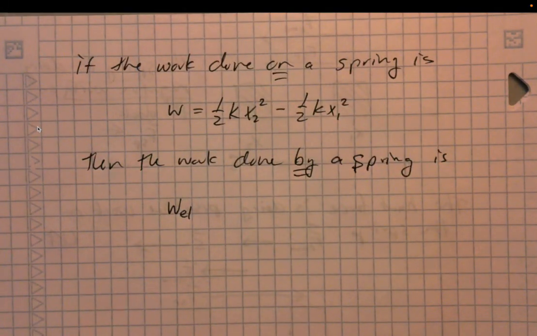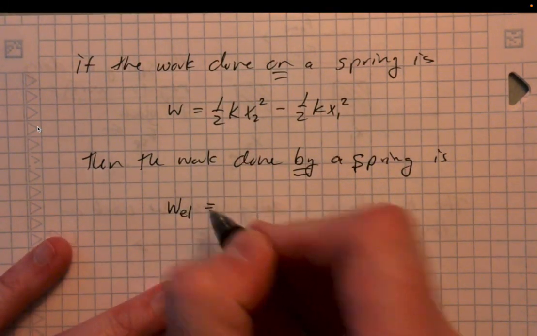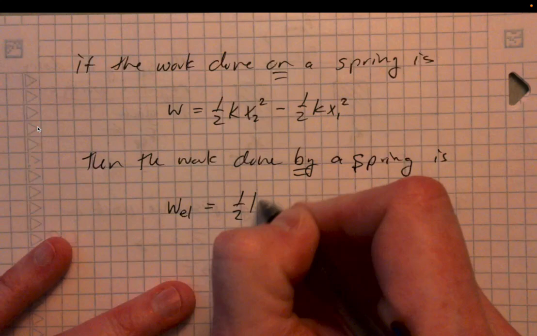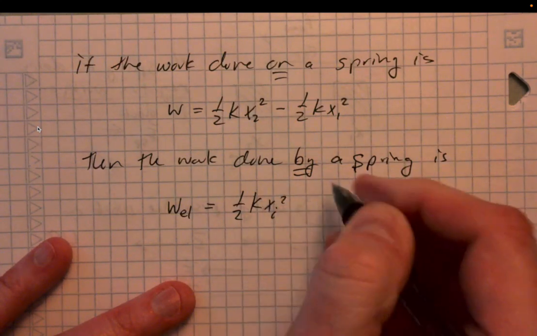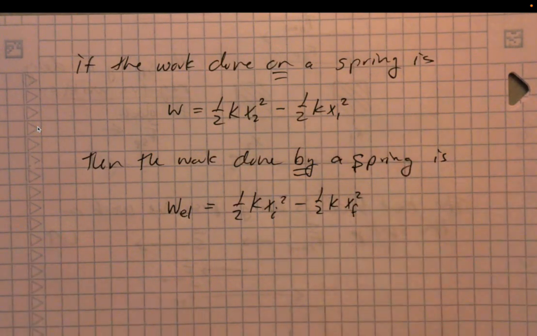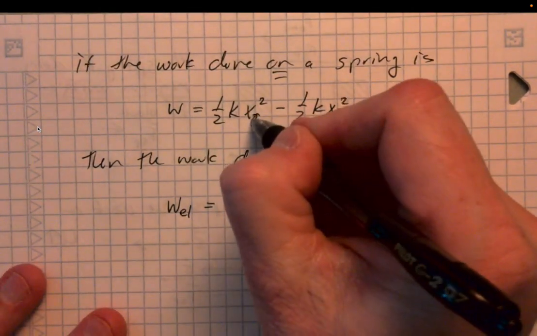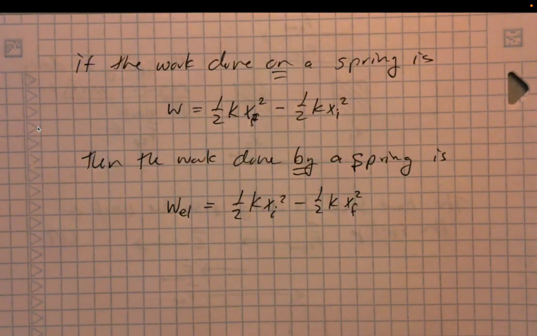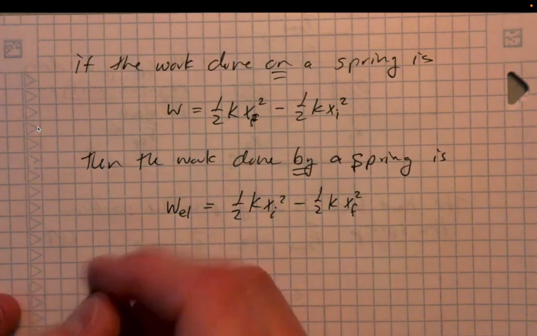The elastic work done by a spring. This is going to be equal to 1/2 kx initial squared minus 1/2 kx final squared. So it's just reversed. They're the reverse of one another.